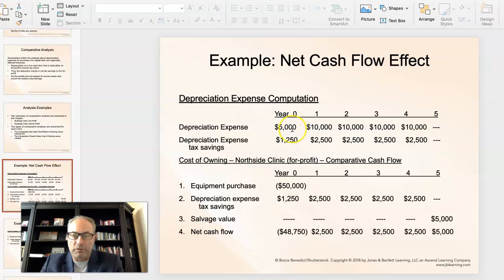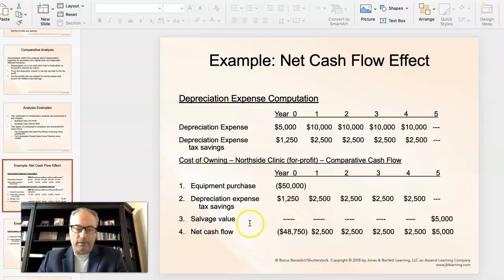This is 25% of that for that tax savings. This is our purchase, and we're going to see that tax savings across, and it's our end of life. Our salvage value at the end of the term of that depreciation schedule is $5,000. And so you're going to be able to deduct that $5,000 amount at that point.